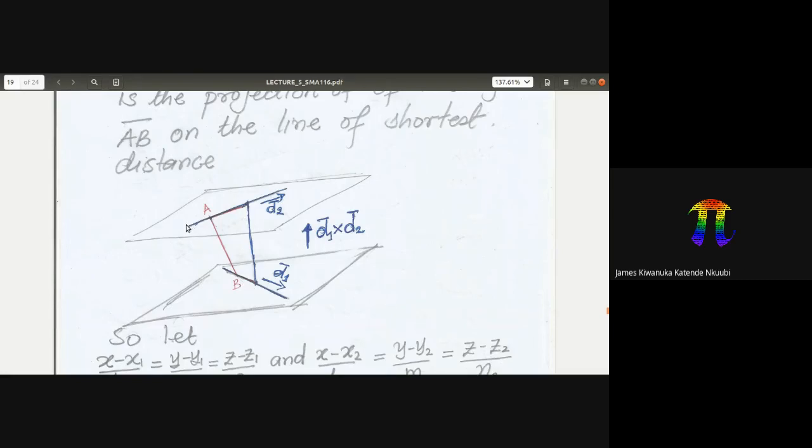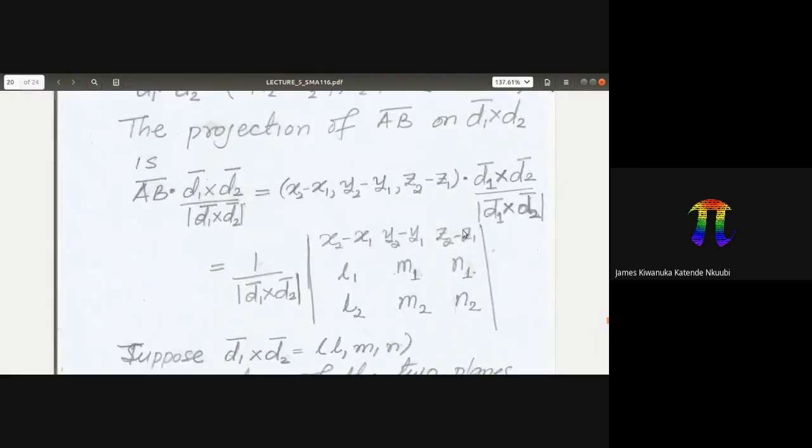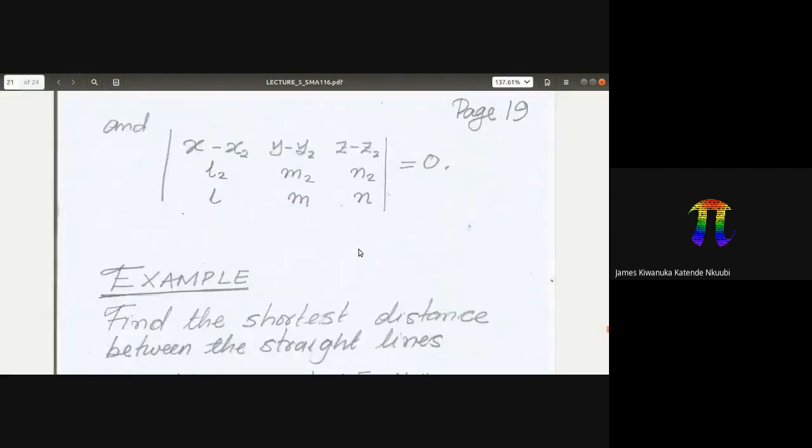One will be the plane that is perpendicular to the second plane, but it follows the direction of A, and the second plane will be the one that goes in the direction of B, and they will intersect along this line of shortest distance. So those two planes are the ones we are obtaining at the bottom here. The equations of those two planes will be this, not this one at the bottom.